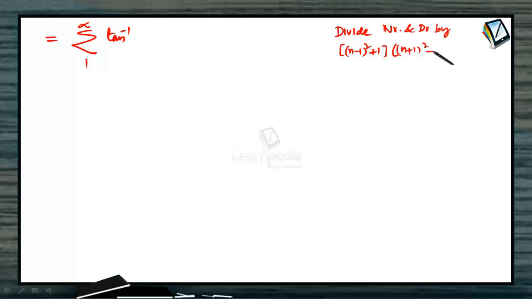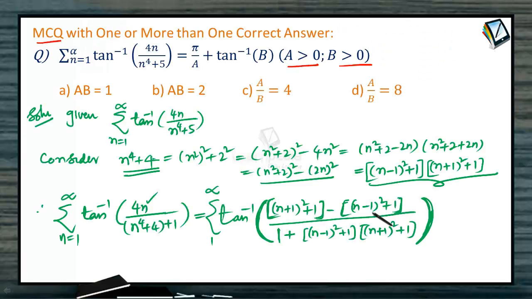This can be rearranged as the summation from 1 to infinity of tan inverse. If I divide numerator and denominator by the product of n minus 1 square plus 1 and n plus 1 square plus 1, then the numerator becomes 1 by this factor minus 1 by that factor, and the denominator becomes 1 plus 1 by this product.